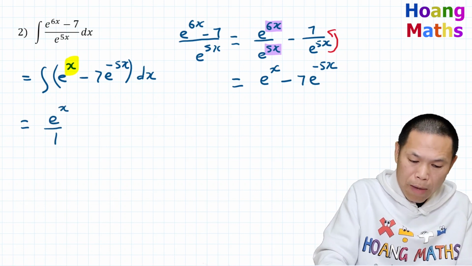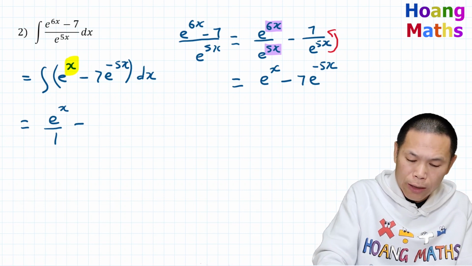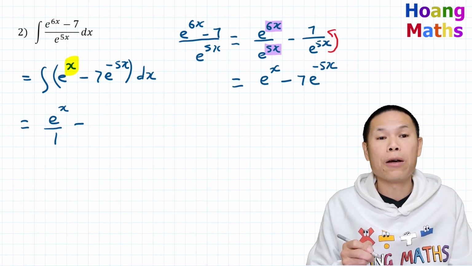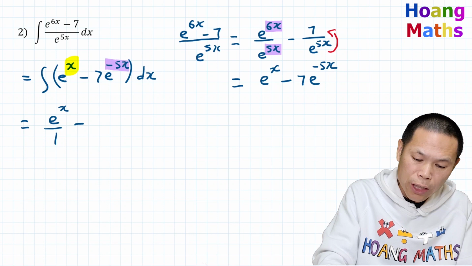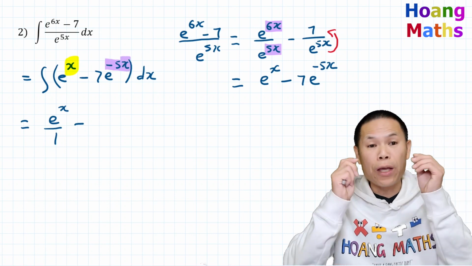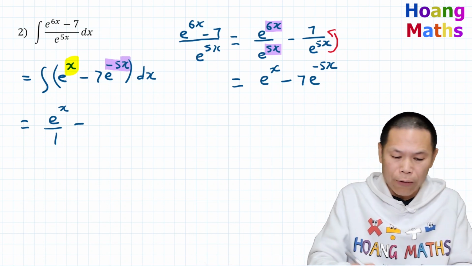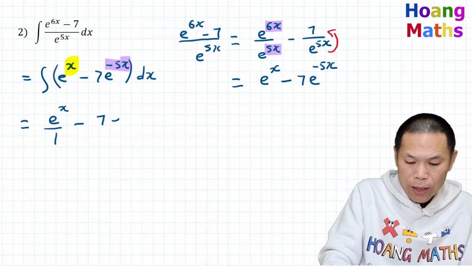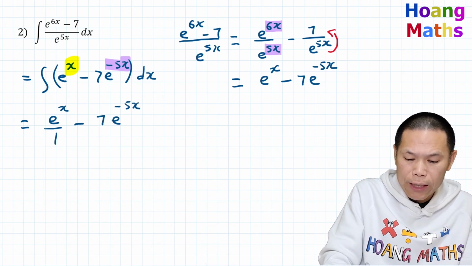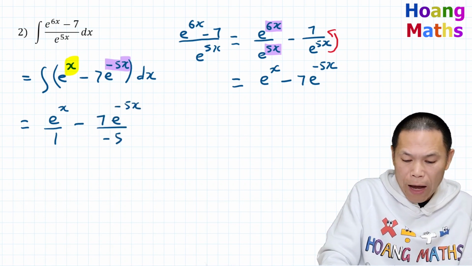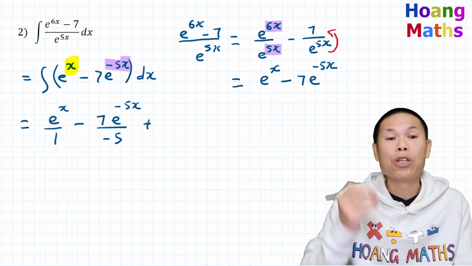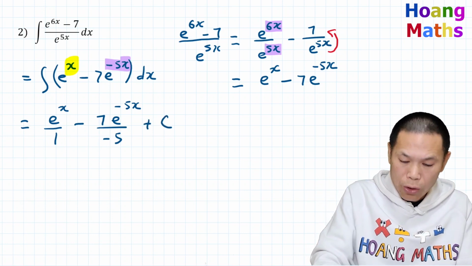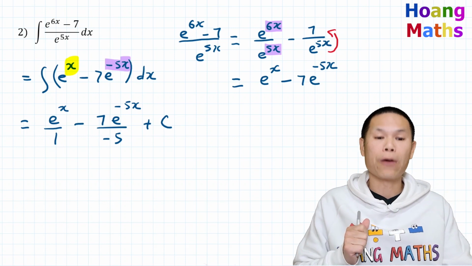And then we minus. So to integrate 7e to the negative 5x, we differentiate this. So differentiate negative 5x will give me negative 5. So that becomes 7e to the negative 5x over negative 5. And don't forget, we need to add a constant because of indefinite integration, okay?